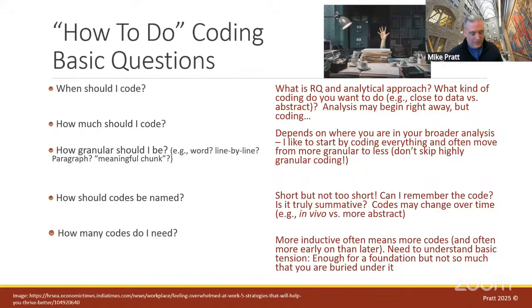When I was an editor at AMJ and ASQ, I found the biggest problem was that people, let's say using the Gioia method, were talking about their first order codes or their initial codes, and they said, I interviewed 500 people, and I had 100 first order codes.